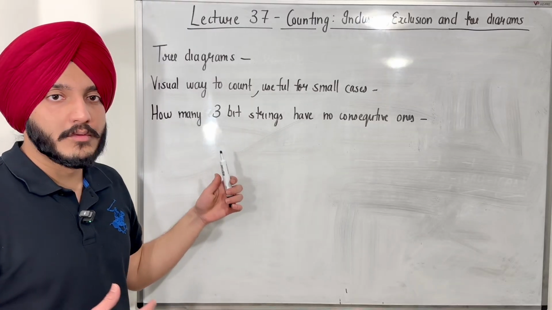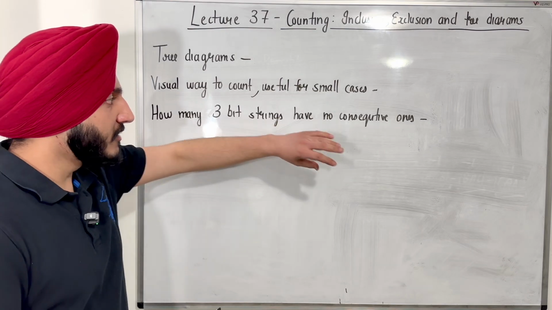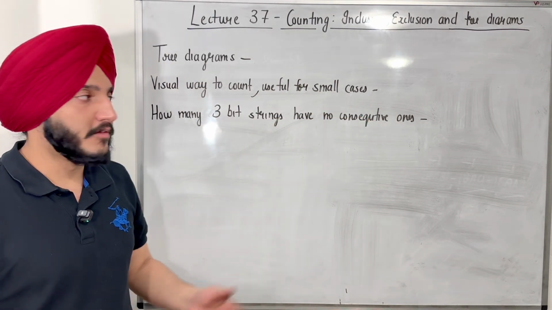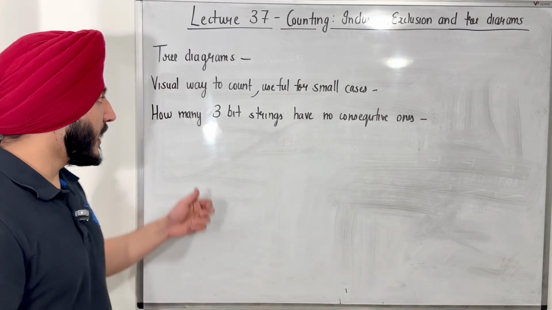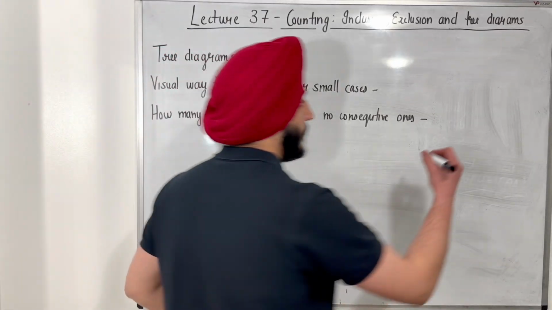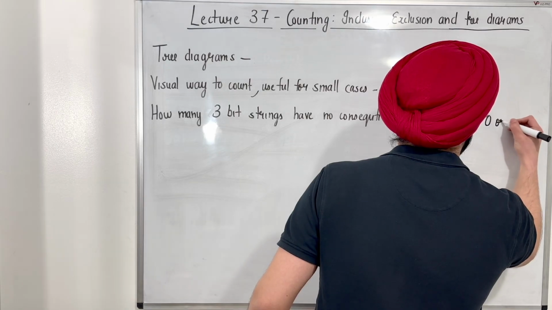So let's just try to directly do it with a very small example, right? How many 3-bit strings have no consecutive ones? Obviously, you can use the formula way to solve this problem, but we will try to solve it using tree diagrams. Bits meaning 0 or 1.